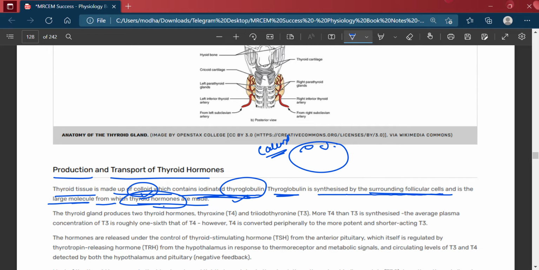Here is the thyroglobulin. These thyroglobulin form the thyroid hormone, and this thyroglobulin has the thyroid hormone.